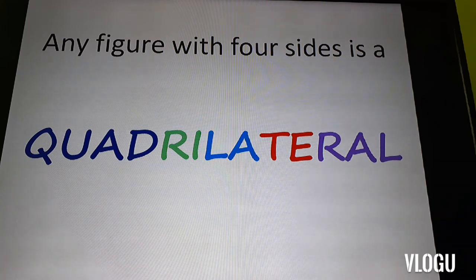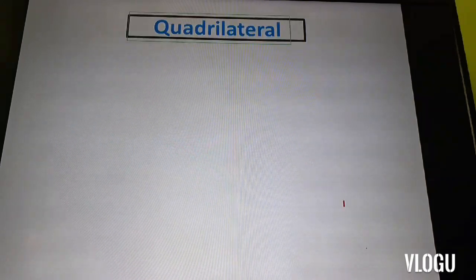Those are examples of quadrilaterals. But of course, our focus for today is to find the properties of these quadrilaterals. Let us try to find out and figure out what would happen.